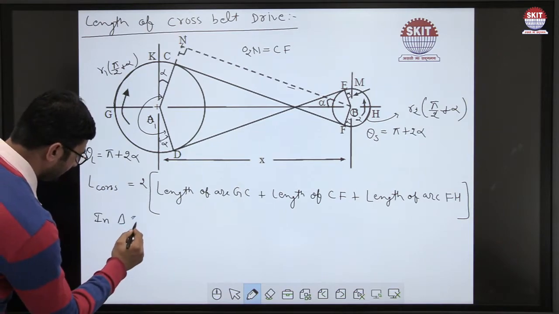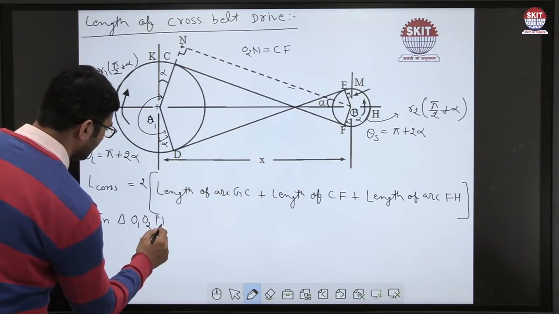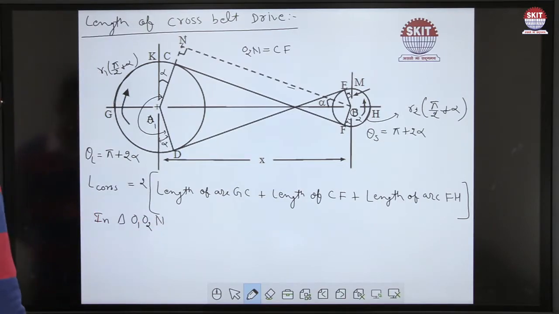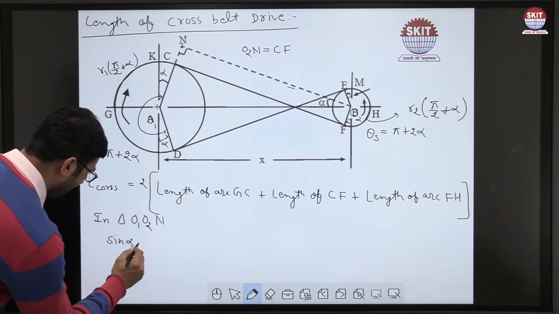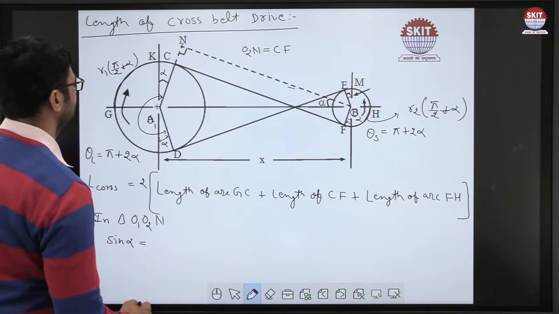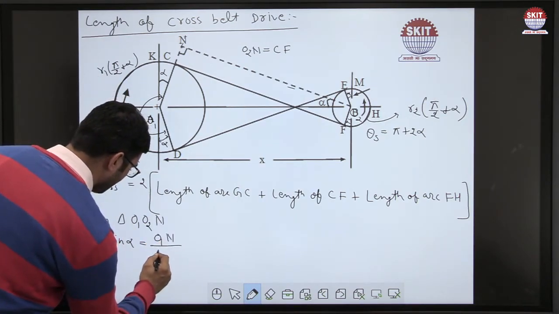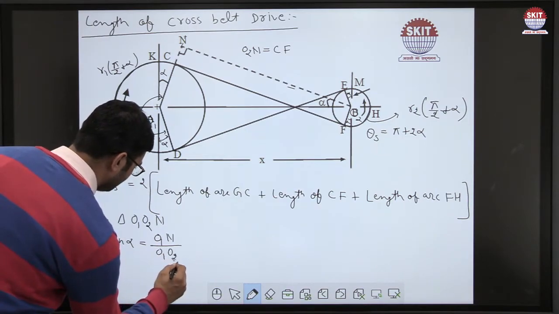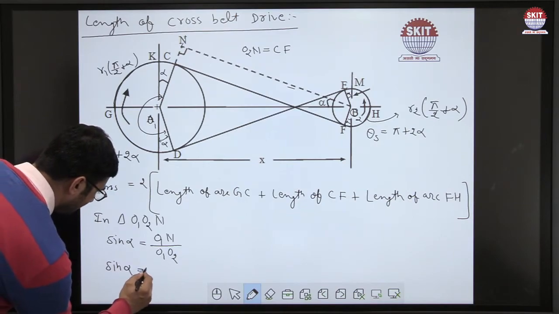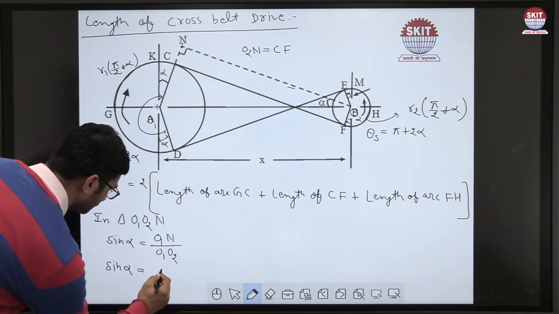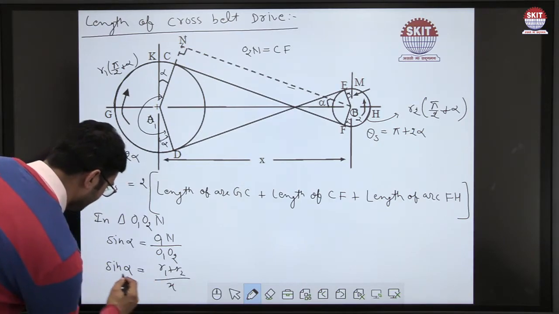In triangle O1, O2, N, sin alpha is equal to O1N upon O1O2, which is equal to (R1 plus R2) upon x.